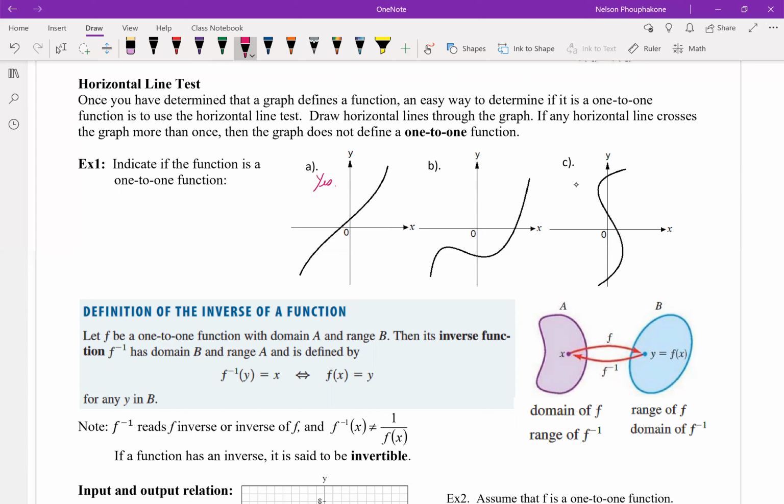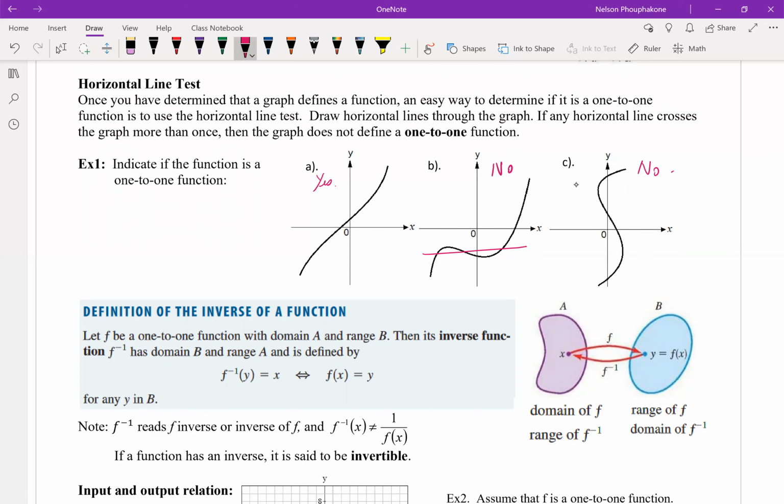How about B? You're right, it's not, because it failed the horizontal line test. How about C? Is C a one-to-one function? Again, it's not. The reason is it's not a function, because it failed the vertical line test.